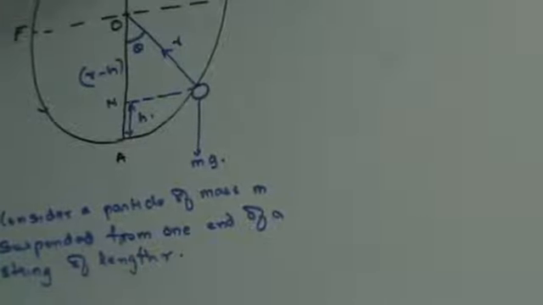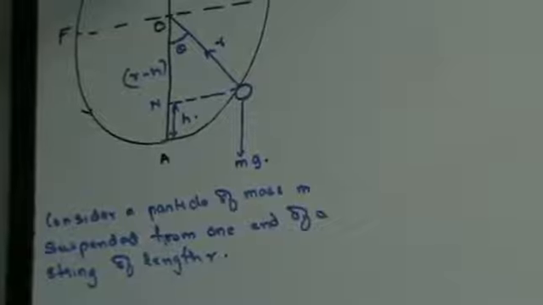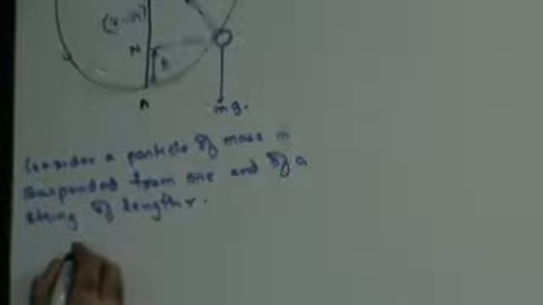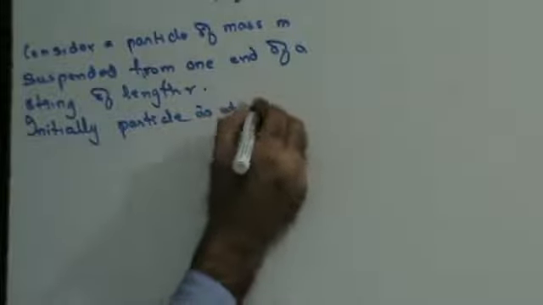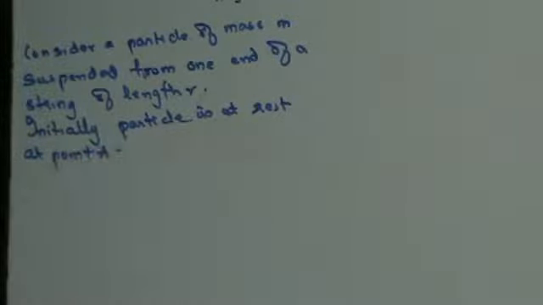So mass of the particle is m, length of the string is r, and let initially the particle be at rest at point A. Right? Now let us assume that it is given some initial velocity u.